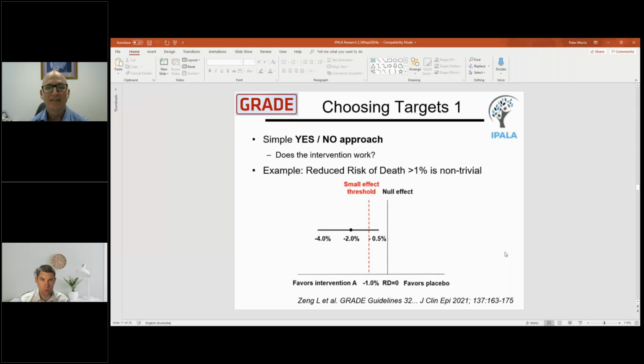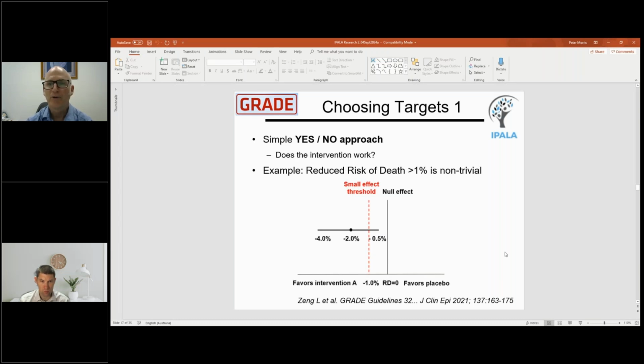So, simplistically, you might just look at a yes-no approach. So, imagine an example where you think that an intervention that you can take for many years, let's say taking statins every day for 5 years, you might say, yes, you'd be willing to do that if it reduced your risk of death by more than 1%. So a number needed to treat of 100.